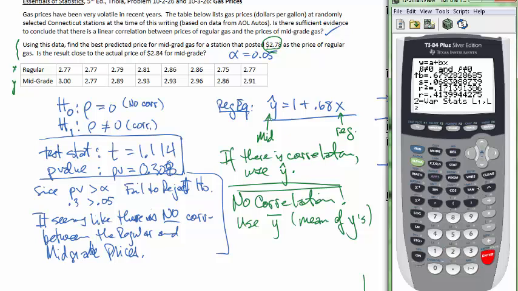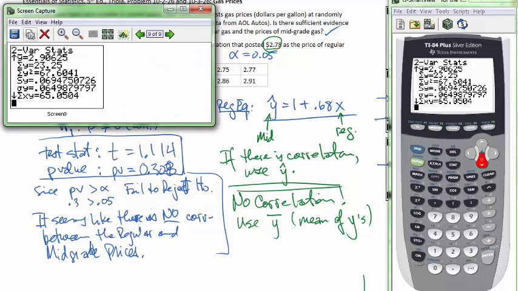So this will give you the statistics on L1 and L2. Now we really didn't need the statistics for L1. So we could have just done a 1-var stats on list 2. But I like to see this in L1 and L2 because I can actually see this as Y bar. And so our Y bar is this expression here.